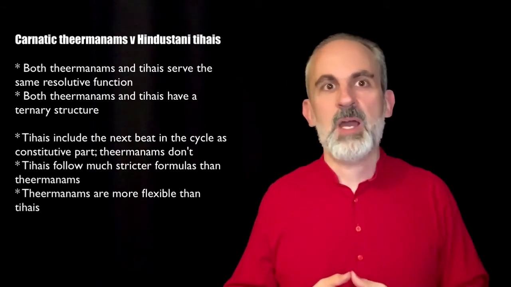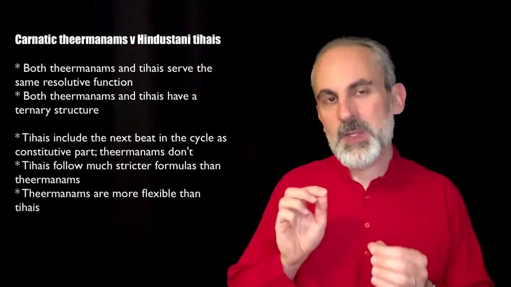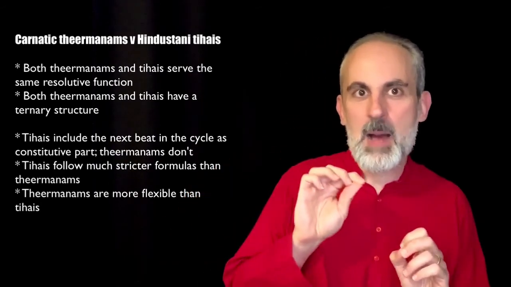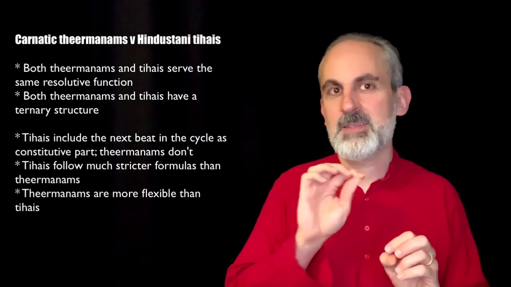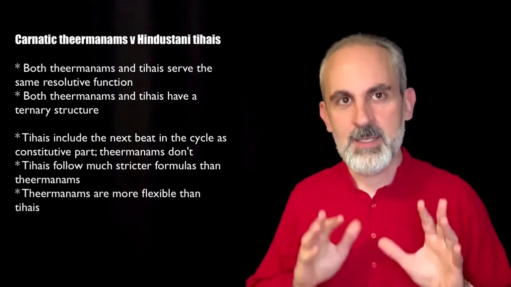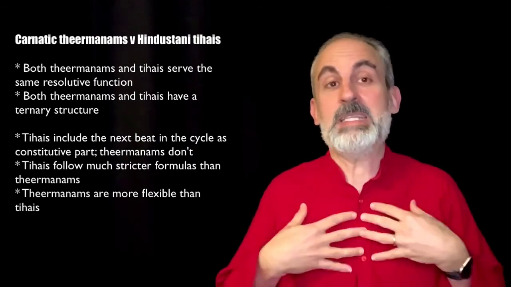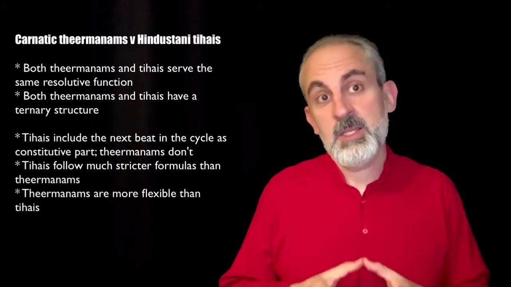So you can perhaps have gaps that are increasing in value, so that the second gap is bigger than the first, or that the second phrase is bigger than the first and the third is a multiple. You can do things like that in Carnatic music, with Carnatic theermanams. You would never do those, or at least I never encountered them in my 20 years of learning Hindustani music.